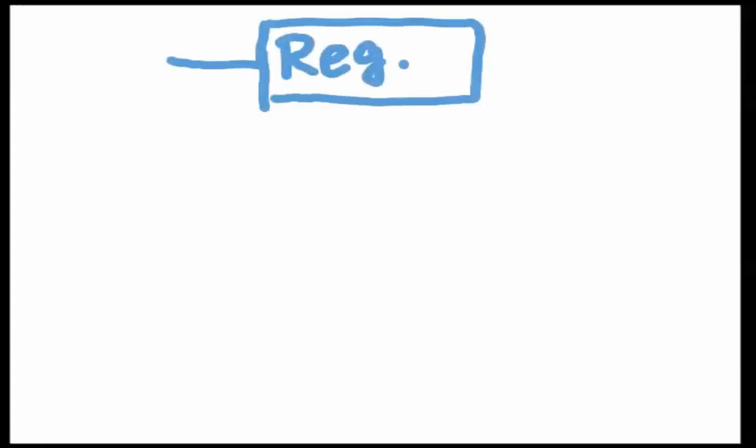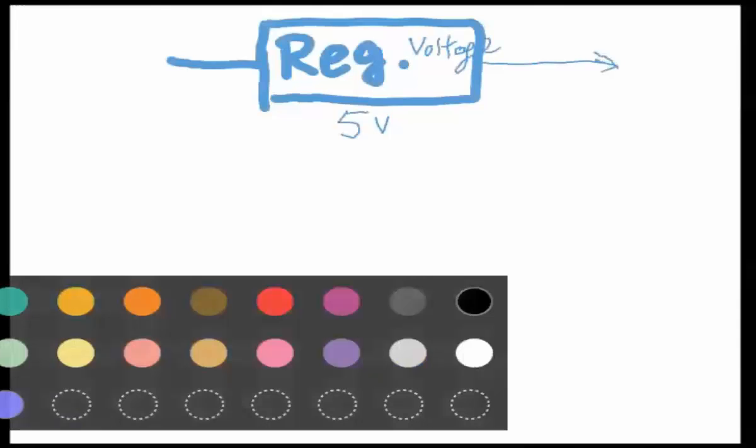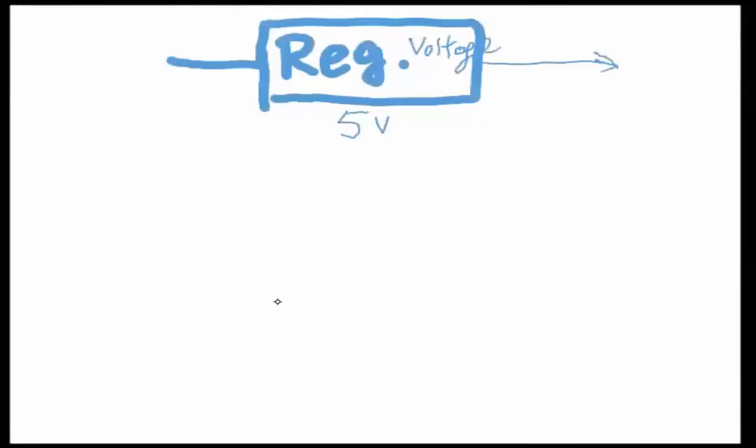Let's say I have a voltage regulator of 5 volts. So this one is the voltage regulator. Again, when we say voltage regulator, the purpose of a voltage regulator is to maintain its voltage on the output side. So for example, if I say I have a 5 volts regulator, this is what it means.